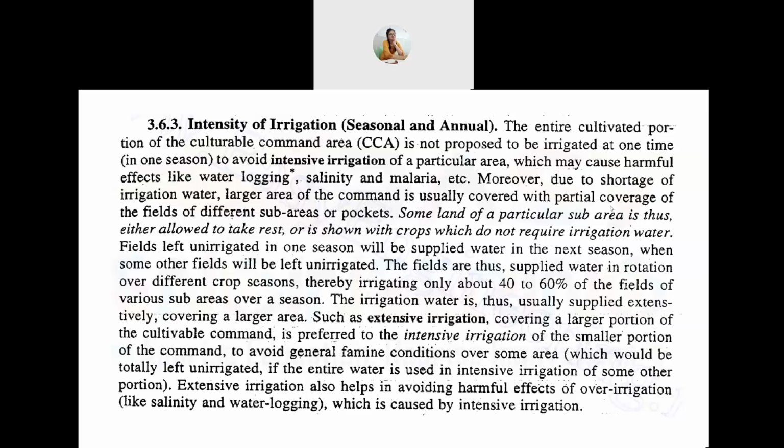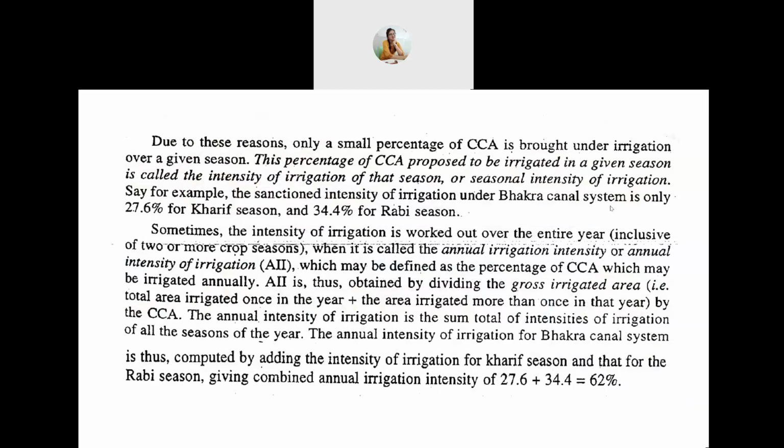Extensive irrigation also helps in avoiding harmful effects of over-irrigation like salinity and waterlogging, which we'll learn in our last unit, which are caused by intensive irrigation. Due to these reasons, only a small percentage of CCA is brought under irrigation over a given season.